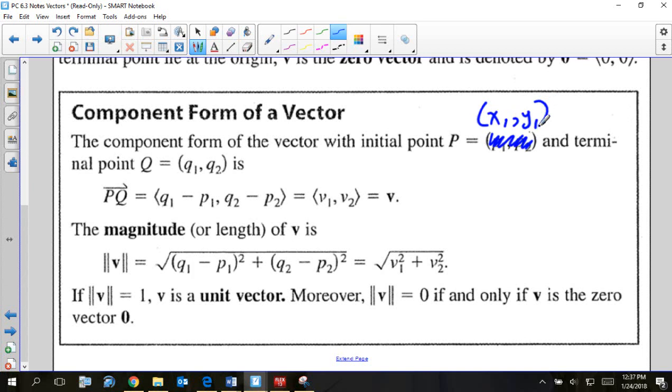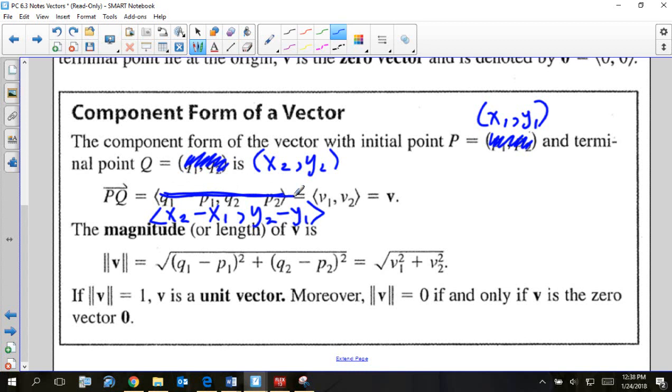And then the terminal point Q, I'm just going to call it x2, y2. And then to find the component form, we subtract x2 minus x1, comma, y2 minus y1. Don't worry about those p's and q's. That's too confusing. It's just subtract your x's, subtract your y's.